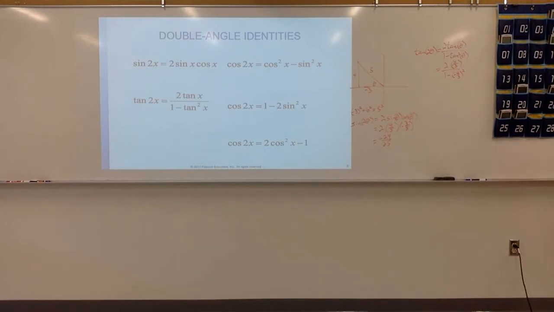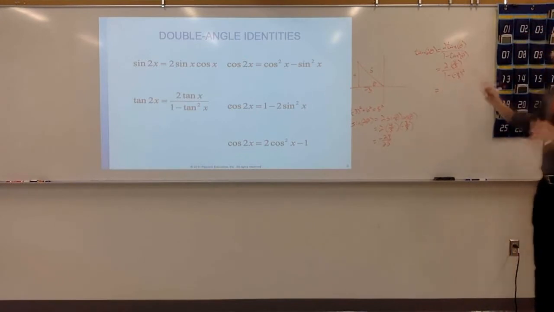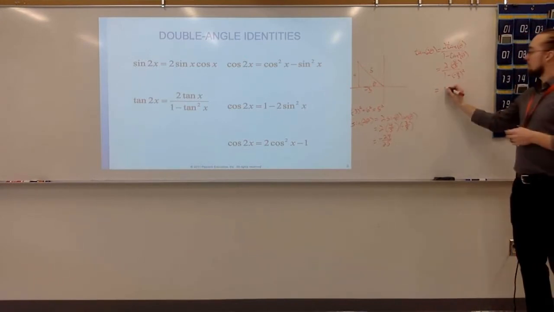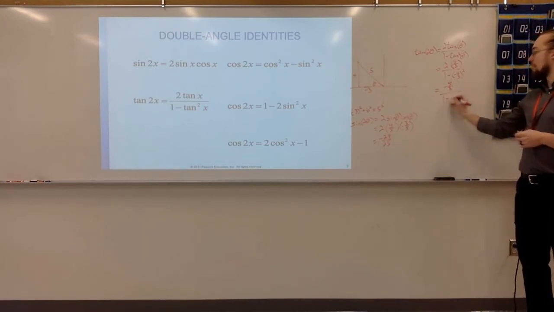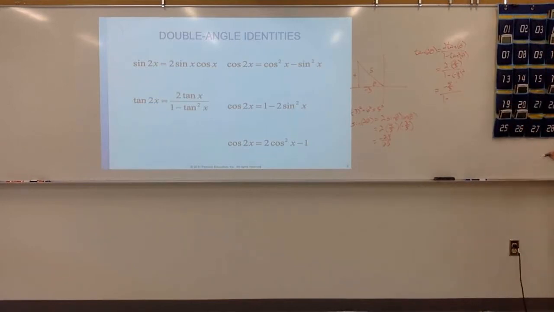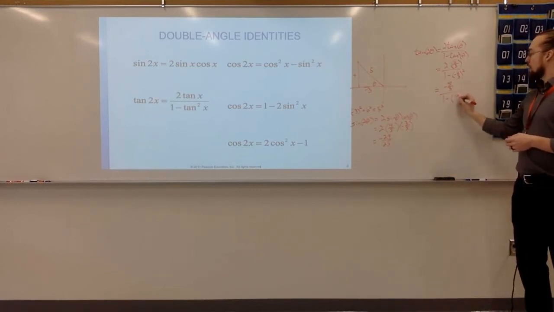And we do want to simplify this then. So 2 times -4/3 would be -8/3 over 1 minus, so -4/3 squared. I would square numerator and denominator, and that would be 16/9.